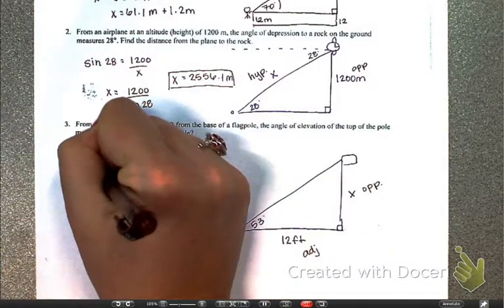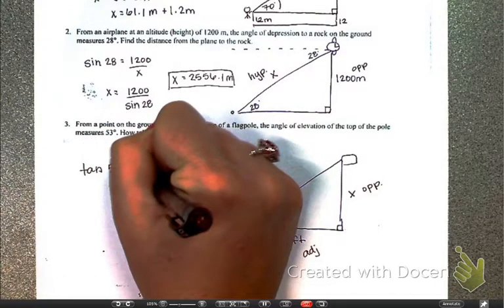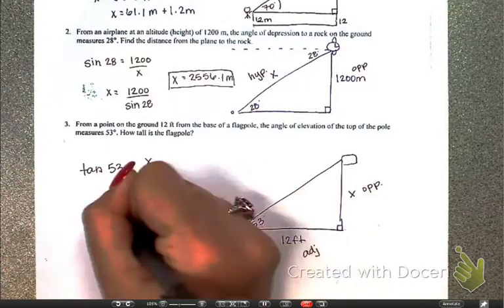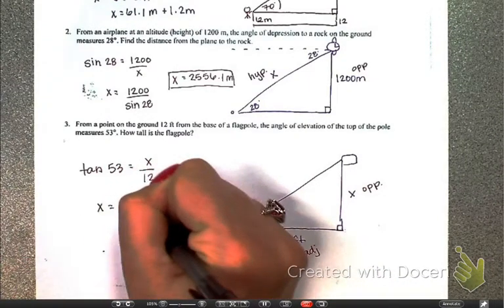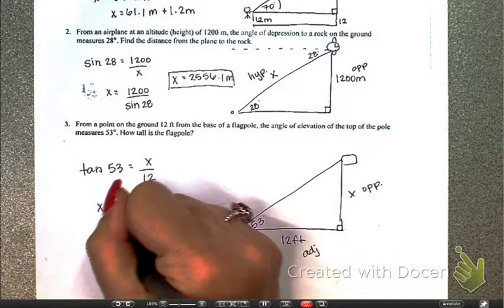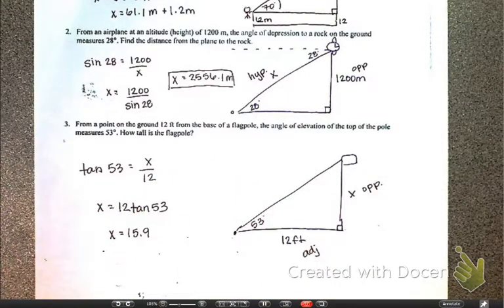So the tangent of 53 degrees equals the opposite over the adjacent. This is a multiplication problem. So 12 times the tangent of 53 should give you 15.9 feet.